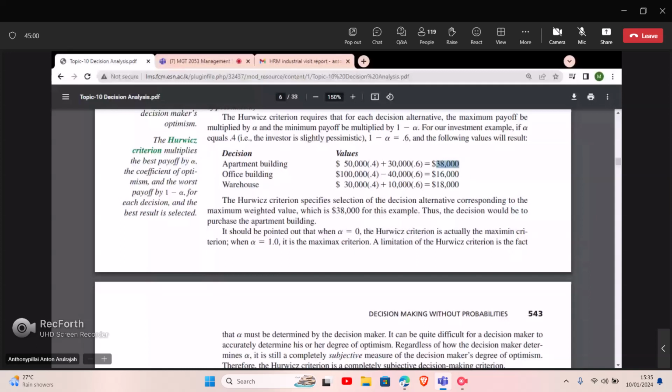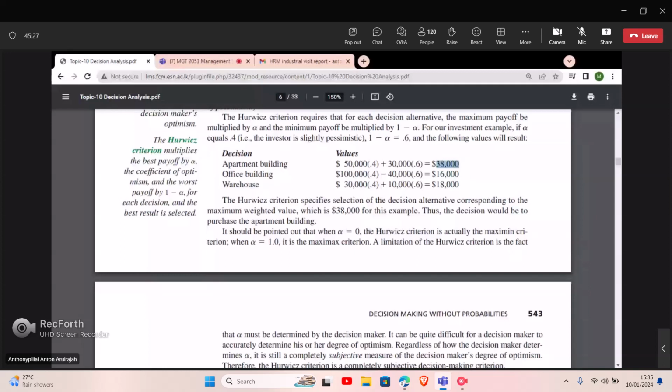Hurwicz criteria requires that each decision alternative's maximum payoff be multiplied by alpha, and the minimum payoff multiplied by 1 minus alpha.